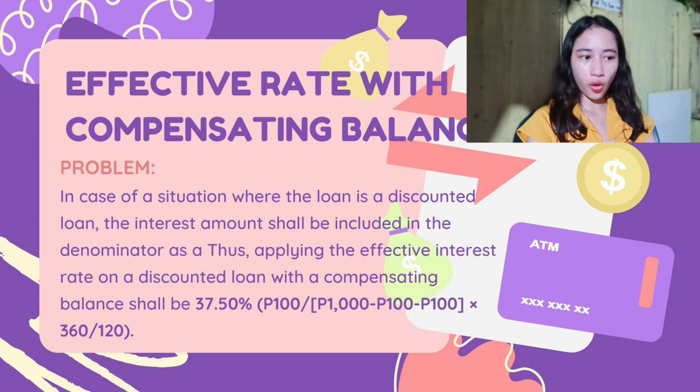Applying the effective interest rate on a discounted loan with the compensating balance should be 37.50%. How do we get that? It is 100 divided by 1,000 minus 100 minus 100, times 360 divided by 120, and we will get 37.50%. So that is another example of how to get the effective rate with compensating balance.